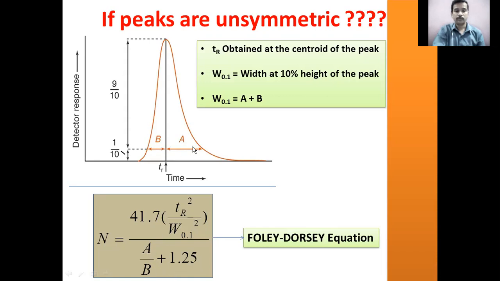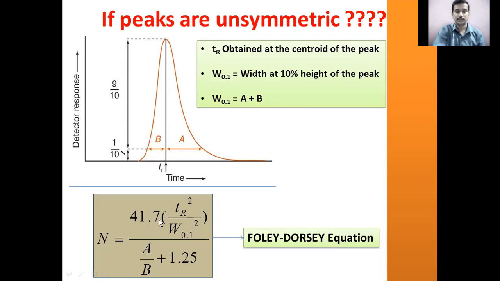Here A and B can be obtained from the chromatogram. You place the point for the retention time; towards the left hand side from the retention time point to the initiation point of the chromatographic peak, that is B. And from the retention time point to the termination point of the chromatographic peak, that is A. This ratio A by B is called the asymmetry factor, and 1.25 is a constant, the asymmetry constant.